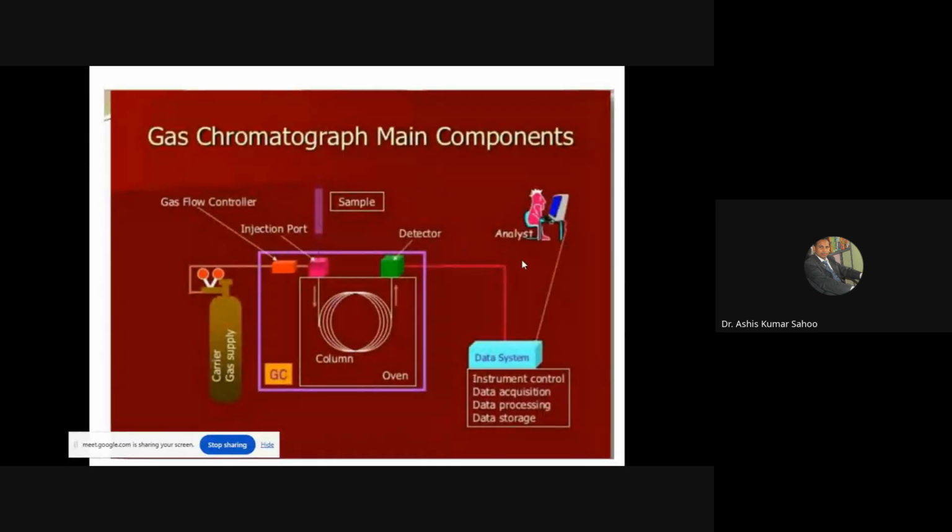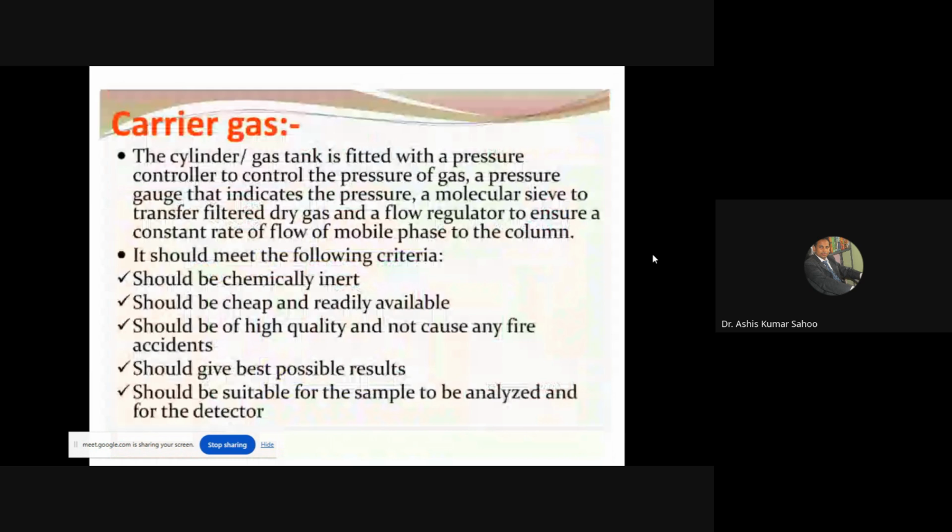By using the detector, you can see the spectrum, the separation of different compounds. The carrier gas cylinder, or gas tank, is fitted with a pressure control, a pressure gauge that indicates the pressure, and a molecular sieve. So these are the different parts.